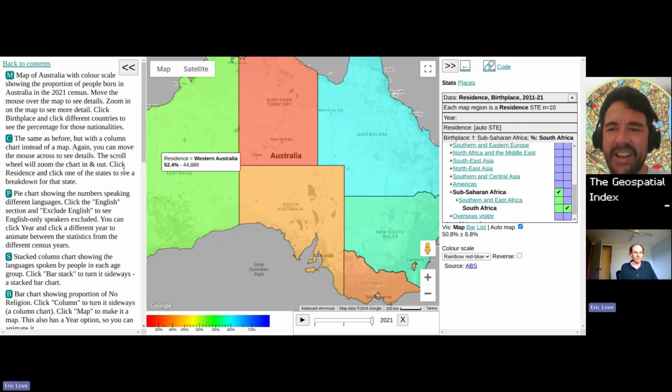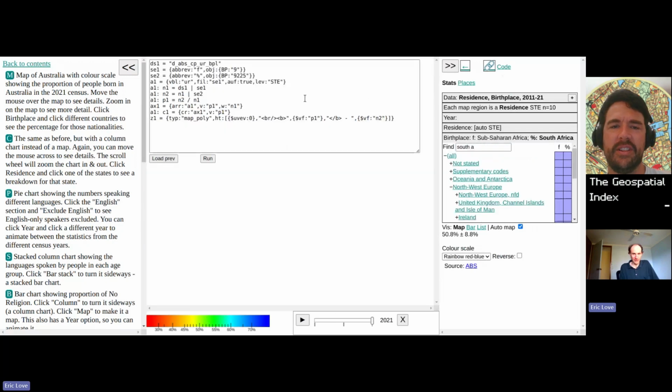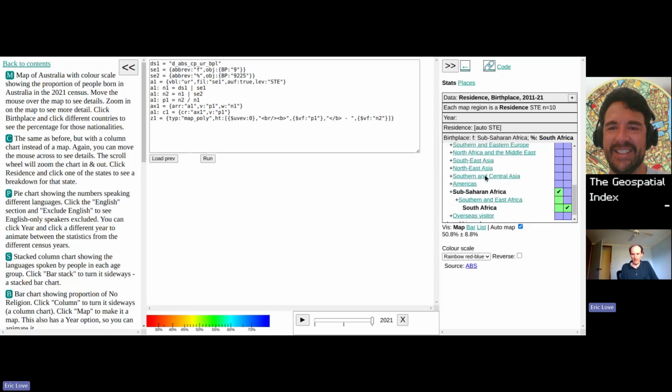Interesting. And you control that simply by hitting the checkbox for sub-Saharan Africa. Yep. And the percentage box for South Africa. That's right. Okay, and so we see that reflected in here. So the code system is there so that I can do complicated things, but most things you should be able to get to by the controls over here.